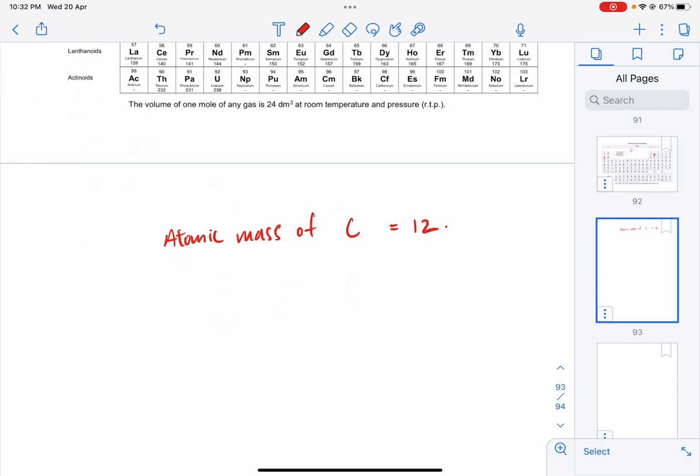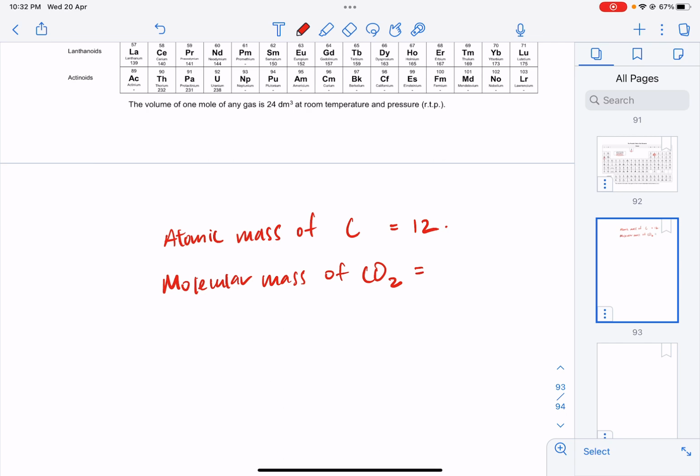Now, if I'm looking at molecular mass, let's take the molecular mass of carbon dioxide, because carbon dioxide is a molecule. How do I calculate the molecular mass of carbon dioxide?